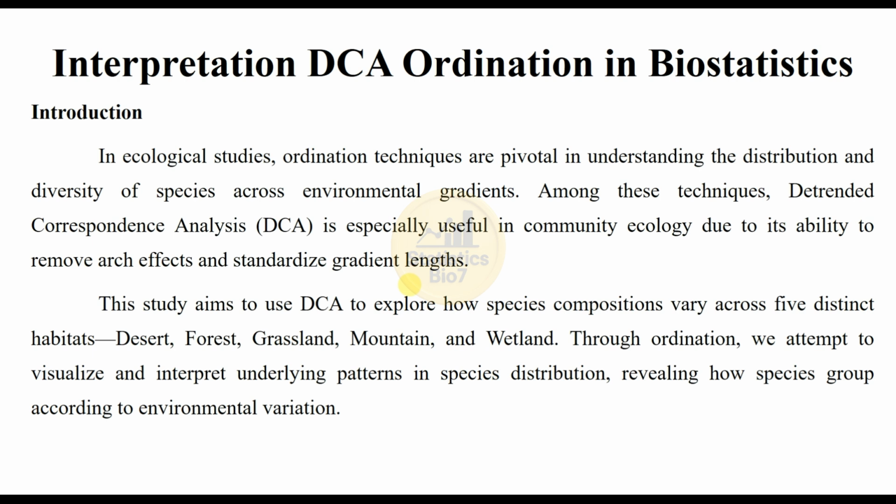The study aimed to use DCA to explore how species composition varies across five distinct habitats: desert, forest, grassland, mountain and wetland. Through these ordinations, we attempt to visualize and interpret patterns in species distributions, revealing how species group according to environmental variation.